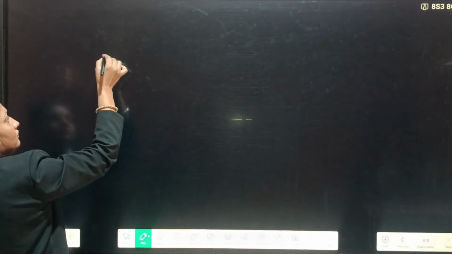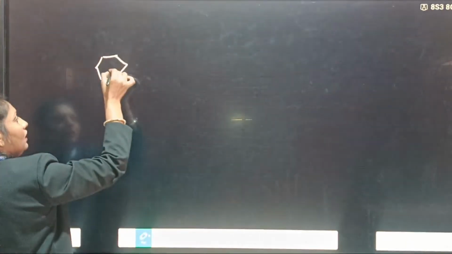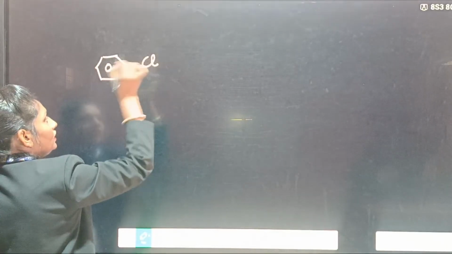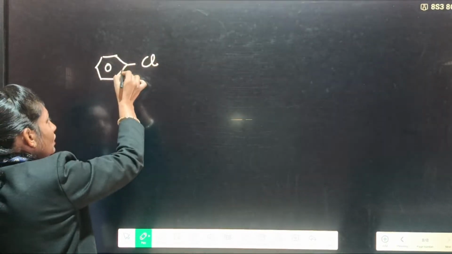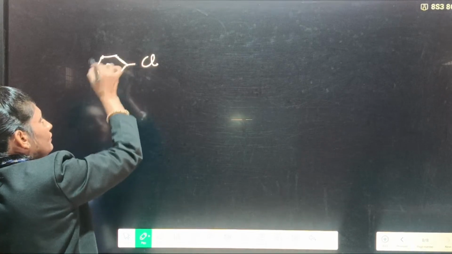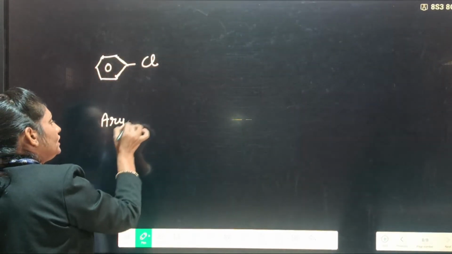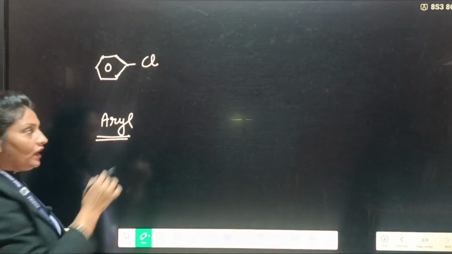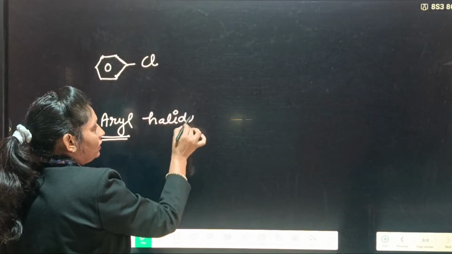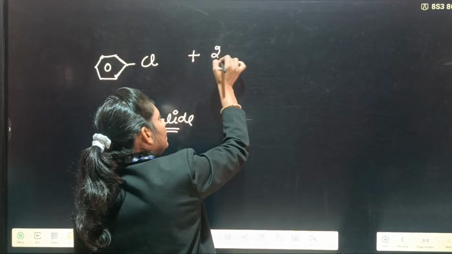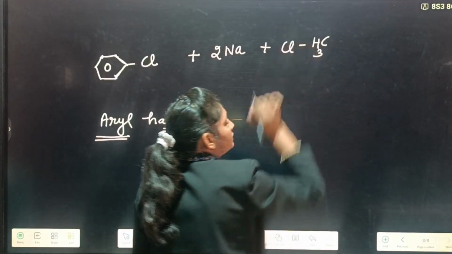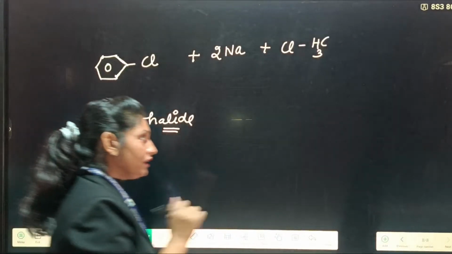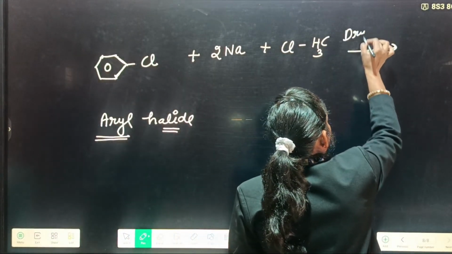If you are having not an alkyl halide but a halobenzene, means aryl halide, benzene is also known as aryl, and sodium metal and one alkyl halide, the reaction you are doing in the presence of dry ether.